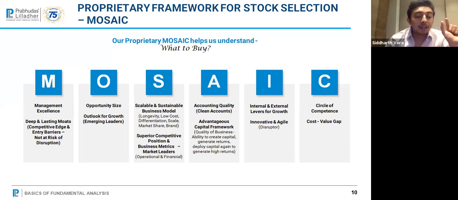Once you are able to identify this trait, what you should finally look out for is एक ही question पूछना है. Is this company the disruptor, or is this company going to get disrupted? If you have an answer to this question, then you've really reached a good point in your overall analysis of a particular business.